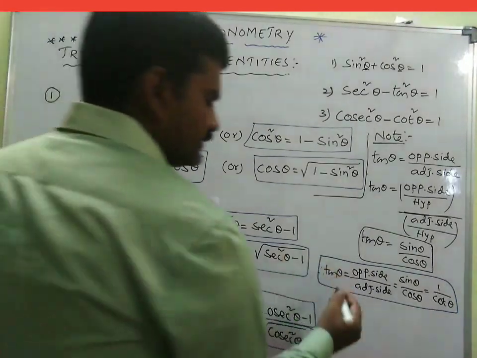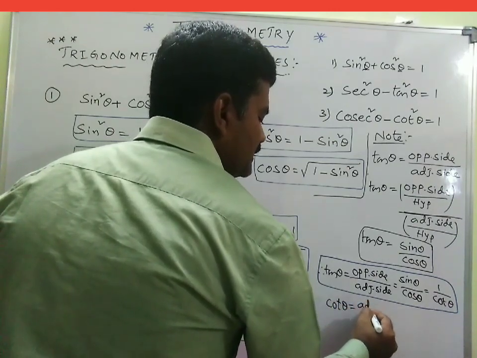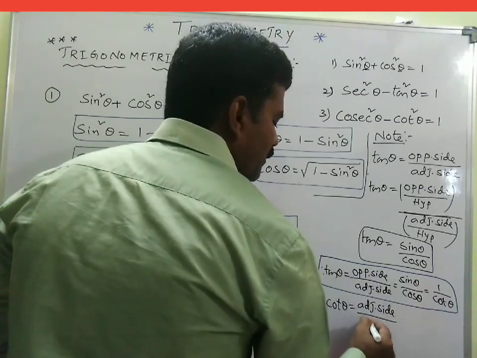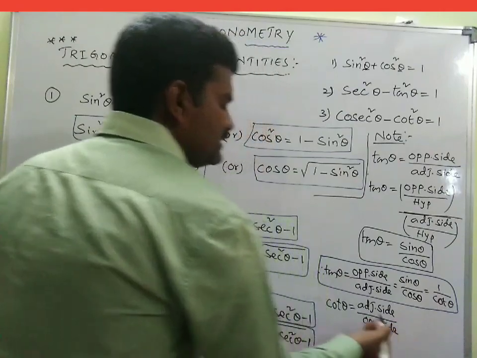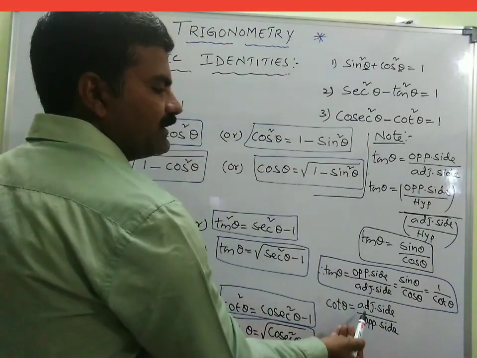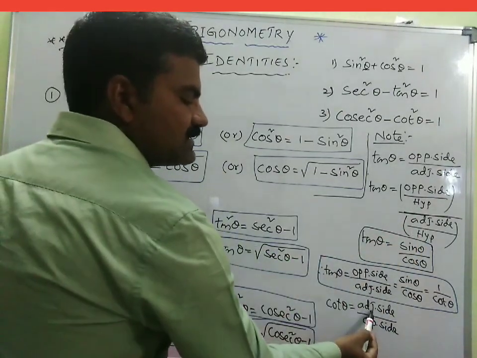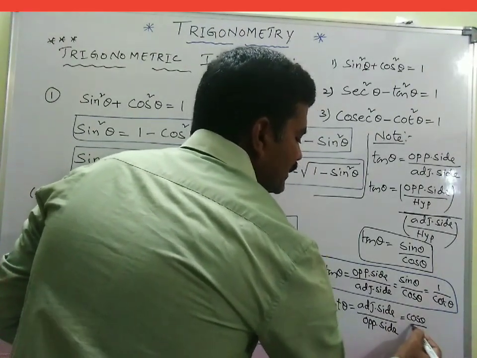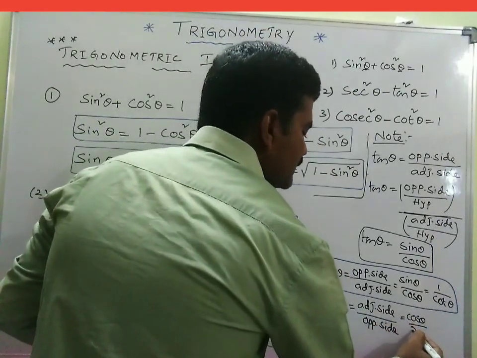Similarly, my dear, cot theta also. So basically the ratio between adjacent side by opposite side is known as cot theta. Isn't it? Now here also, if you divide both numerator and denominator by the hypotenuse, then adjacent side by hypotenuse is nothing but cos theta and opposite side by hypotenuse is nothing but sin theta.